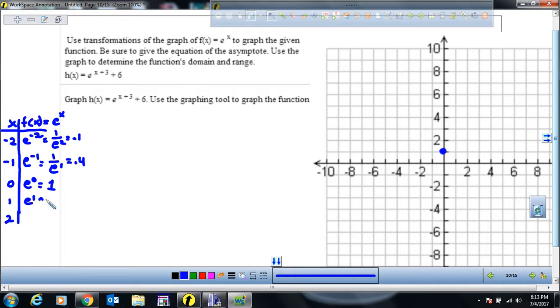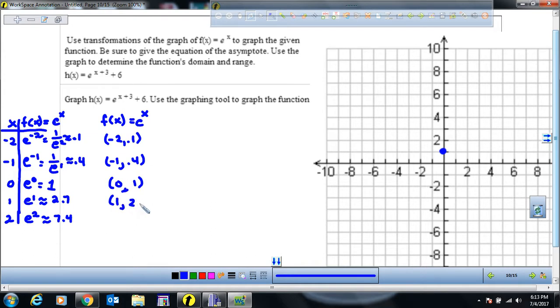E to the first power is approximately equal to 2.7, and e to the second power is approximately equal to 7.4. These are the approximate values for the function f of x equals e raised to the power of x. So the points will be -2, 0.1; -1, 0.4; 0, 1; 1, 2.7; and the last one is 2, 7.4.